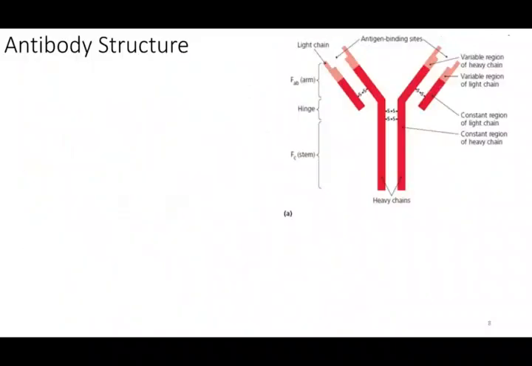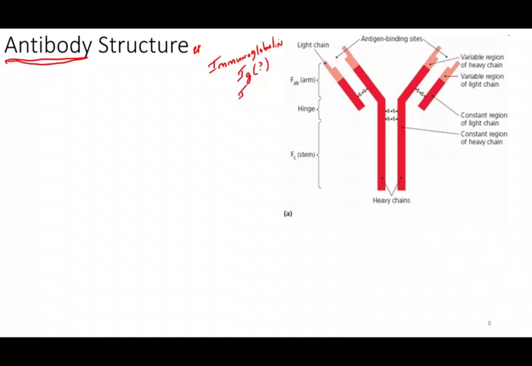Okay, so that brings us to B cells and what they can ultimately produce, which is, again, antibodies. I'm going to introduce this to you pretty early on, that antibodies can also be called immunoglobulins, or Ig with some letter.